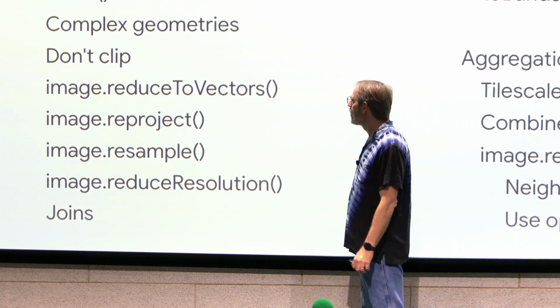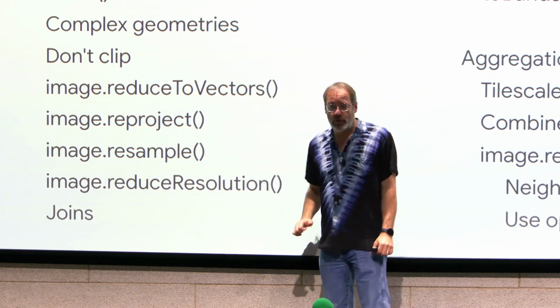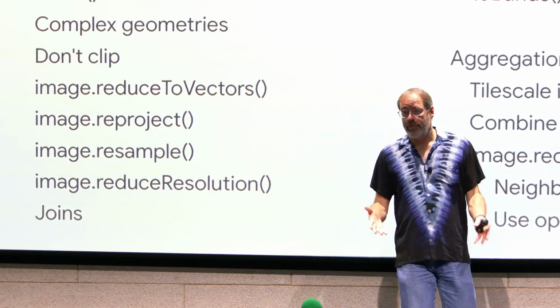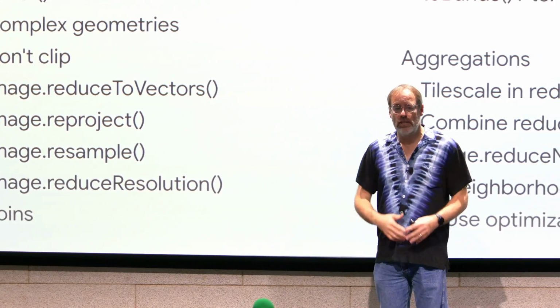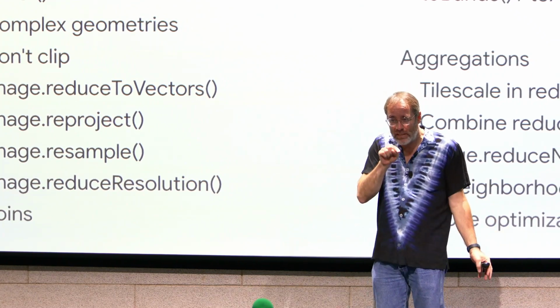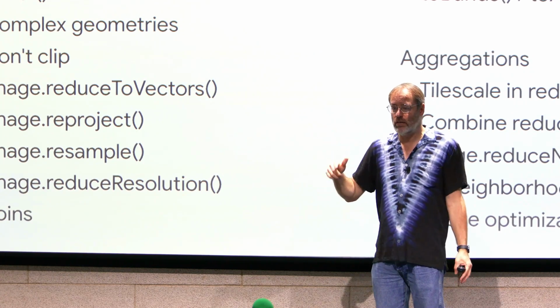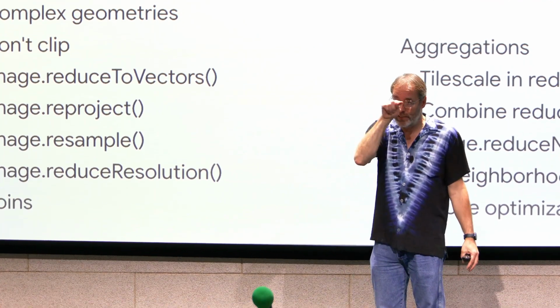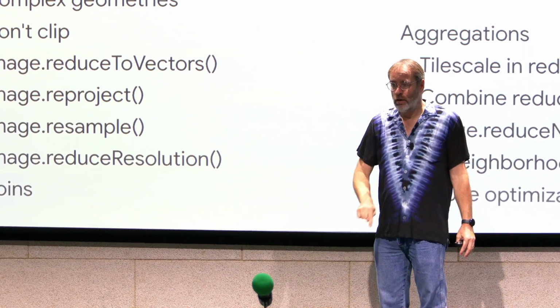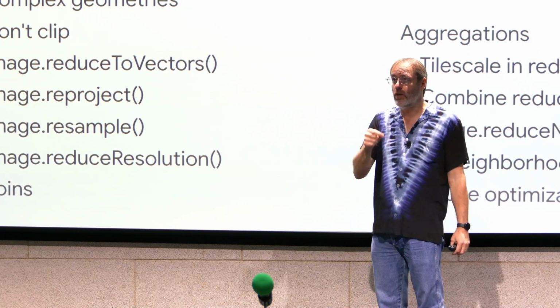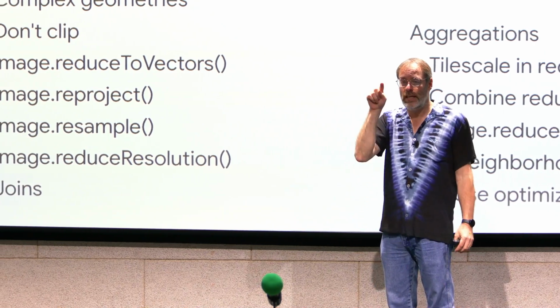If your script has reduceToVectors in it, that's often a problem. reduceToVectors makes big giant geometries, especially because it traces each pixel. So if you've got a big circle and you're running reduceToVectors on it, every single piece of the outline of that circle is a pixel.